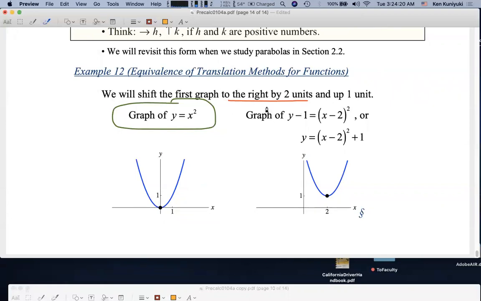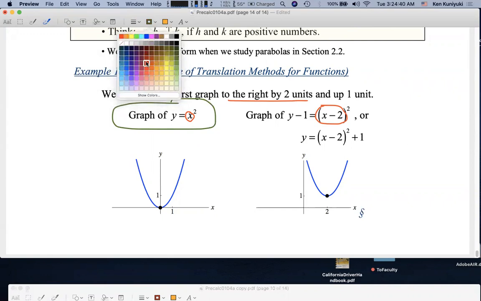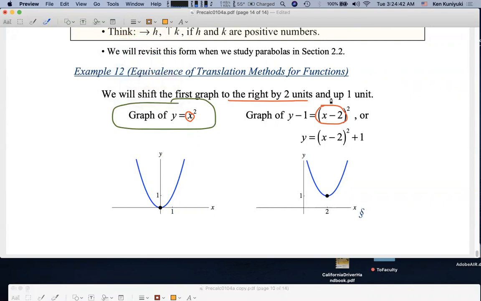To shift the graph to the right by 2 units, we replace x with the quantity x minus 2. Remember, it's not x plus 2, it's x minus 2. The sign is surprising. But by using the technique I just mentioned, if I want to shift the graph up by 1 unit, I substitute y with not y plus 1, but with y minus 1. I could put grouping symbols here, but that's not necessary.